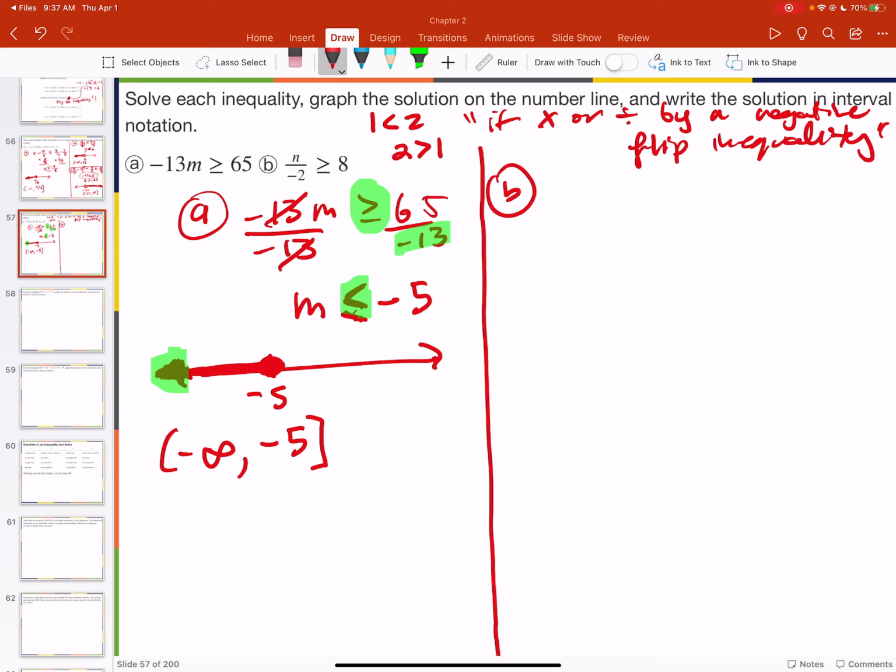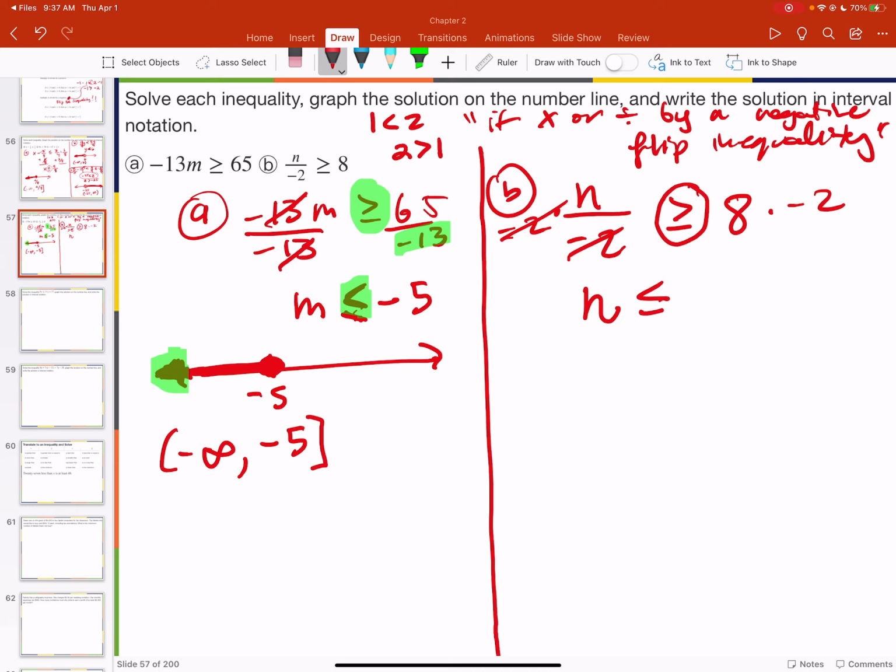Okay, so that's A. The next one we have is n over negative 2 greater than or equal to 8. If this was a regular equation, we would do inverse operations, multiply both sides by negative 2. That cancels on the left-hand side, leaving n. We're multiplying by a negative, so we need to flip the inequality. 8 times negative 2 is negative 16, so that is it for this one.